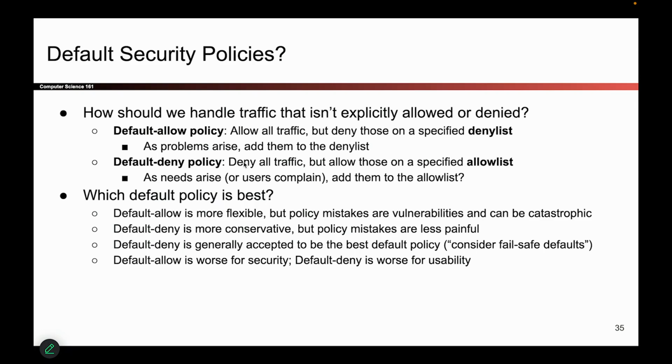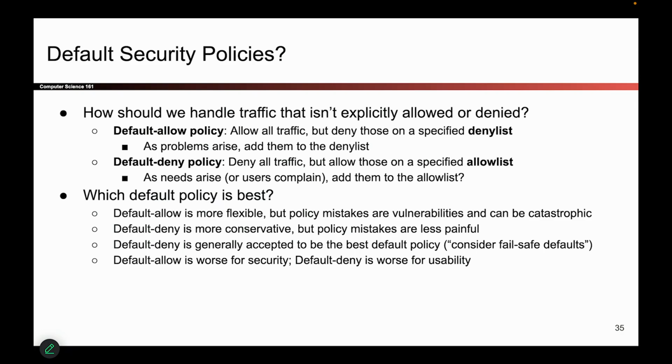So think about what goes wrong in each of these approaches. In default deny, the worst that could happen is that a user comes up to you and complains that they want to access something, and you add it to the list. In the default allow policy, the worst that might happen is that you get hacked because you forgot to put a website on the deny list.